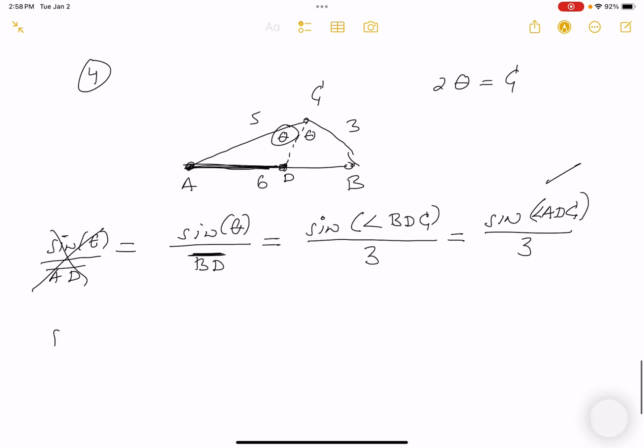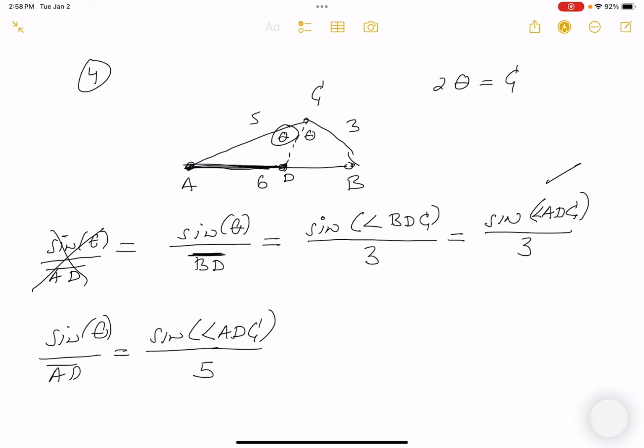The sine of theta over AD is equal to the sine of angle ADC. Again, I'm still looking at this triangle, the left triangle, ADC over 5. Again, I'm still looking at what I got above here.